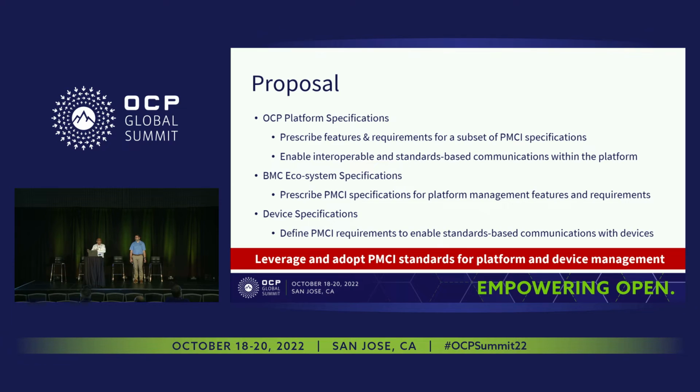And then finally the device level, for which I showed the case study previously, where you can put a set of requirements or expectations on these features: if you comply to this OCP spec, these are the expected manageability features, which are based on these standards. So this is the main proposal here: to leverage those existing standards, look at the case study, and then apply it across all OCP specifications.